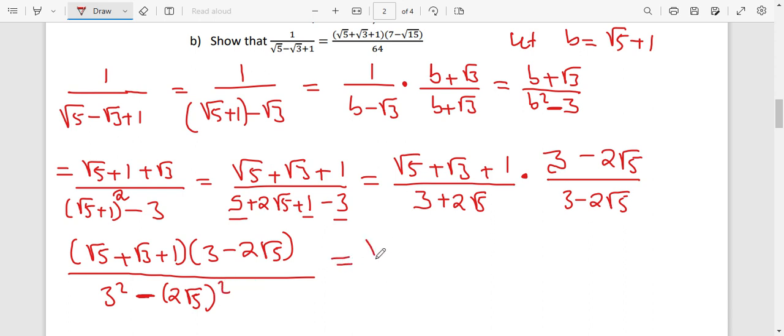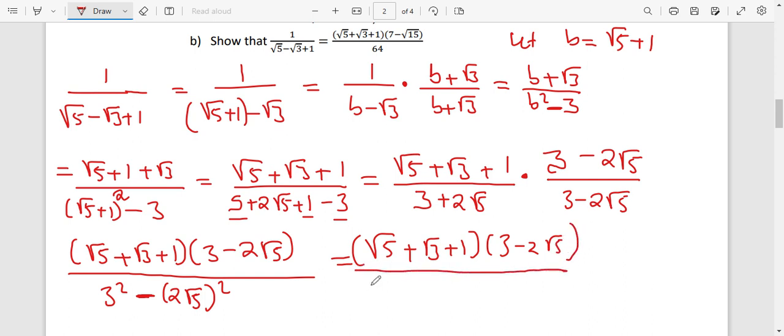And this is going to give us square root of 5 plus square root of 3 plus a 1 multiplied by 3 minus 2 square root of 5, divided by 3 squared is a 9, and then minus, we have this 2 squared, that is going to give us a 4, and then the root of 5 squared, that will just be a 5.